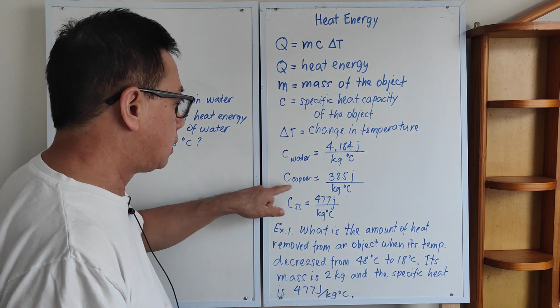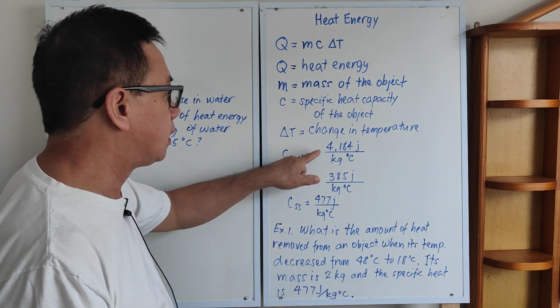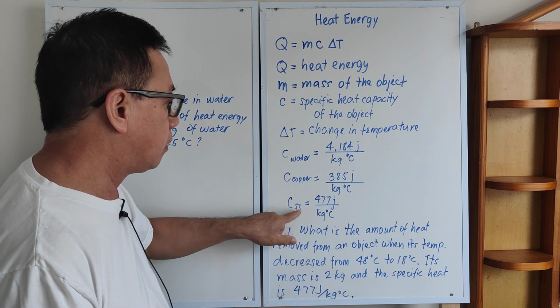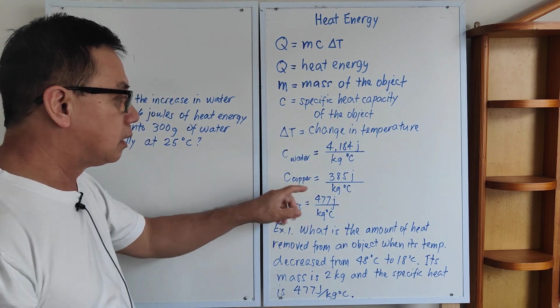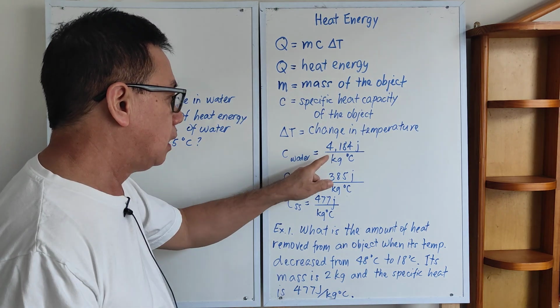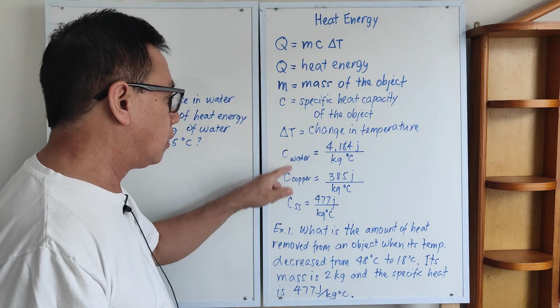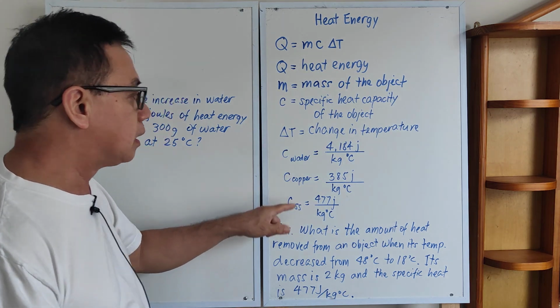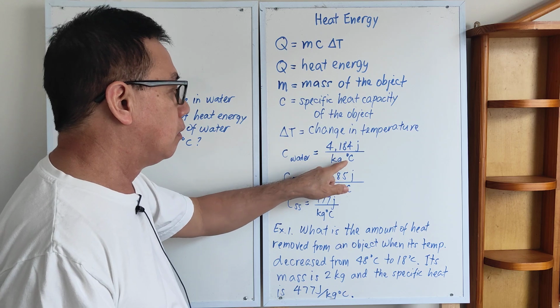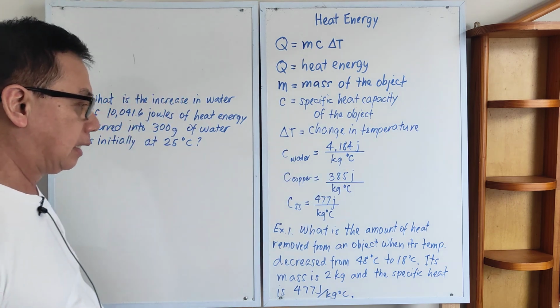If you will notice, the specific heat capacity of water is way higher than copper or stainless steel. So this means that it will take more energy in water as compared to copper or stainless steel to increase or decrease it by 1 degree centigrade.